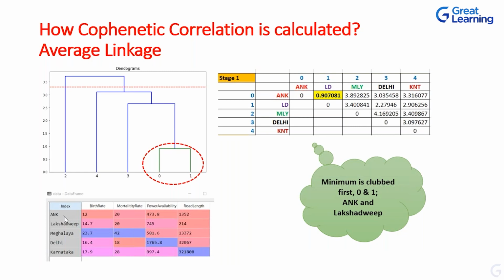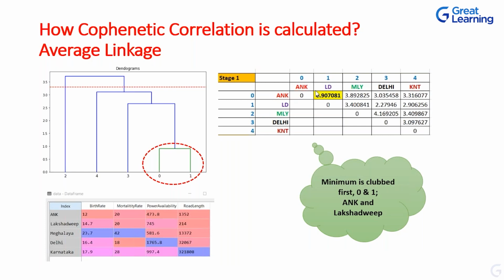This is Andaman and Nicobar, Lakshadweep, Meghalaya, Delhi, and Karnataka. So this was their original data. We need to scale. So we have scaled, and after scaling, we can present the entire distance matrix like this.